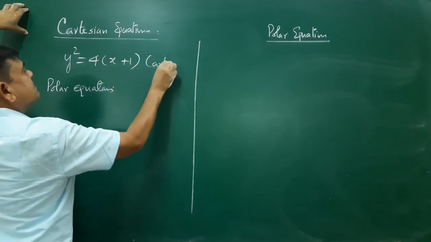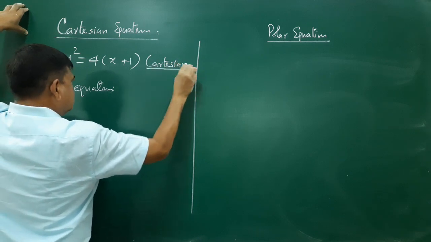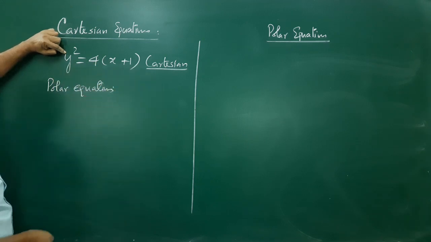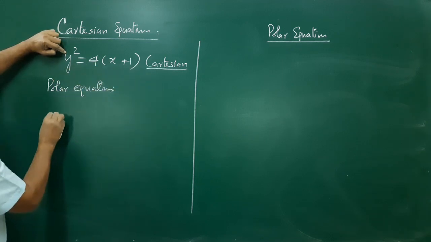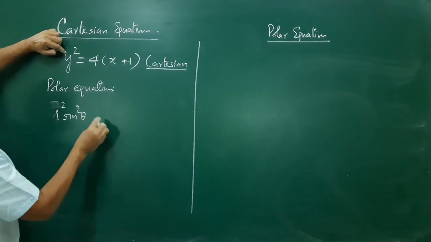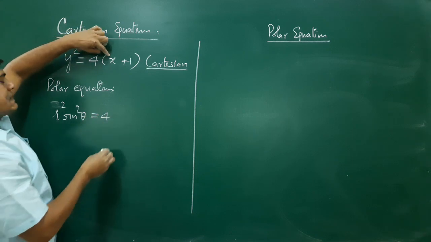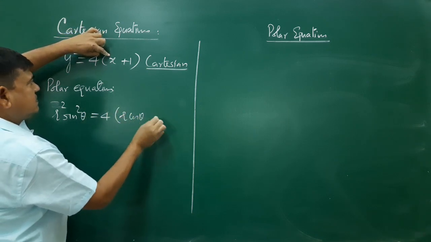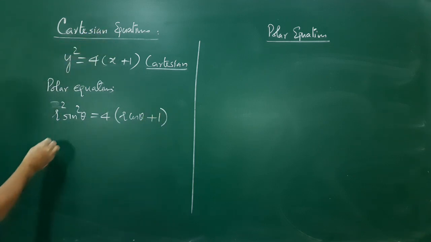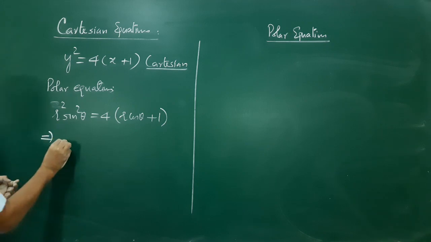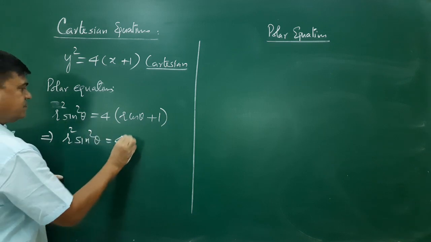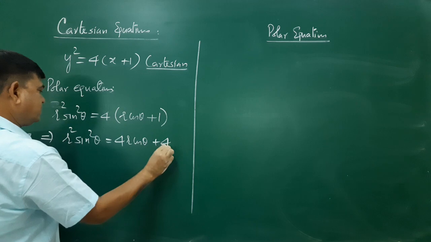This is Cartesian: y square equals 4 times (x plus 1). In polar form, r square sin square theta equals 4 times (r cos theta plus 1), so r square sin square theta equals 4r cos theta plus 4.